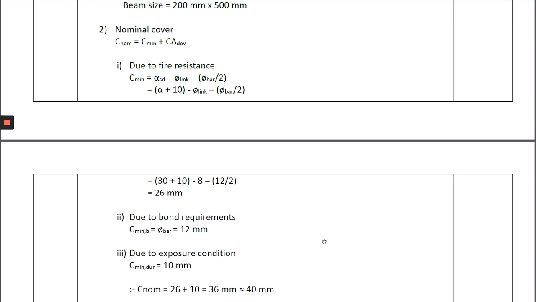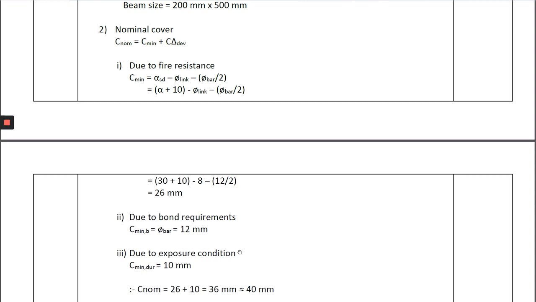So my C nominal is equal to C minimum plus deviation. Compare these three values of C minimum, due to the fire resistance, due to the bond, and due to the durability. The biggest one, the maximum, becomes your C minimum.